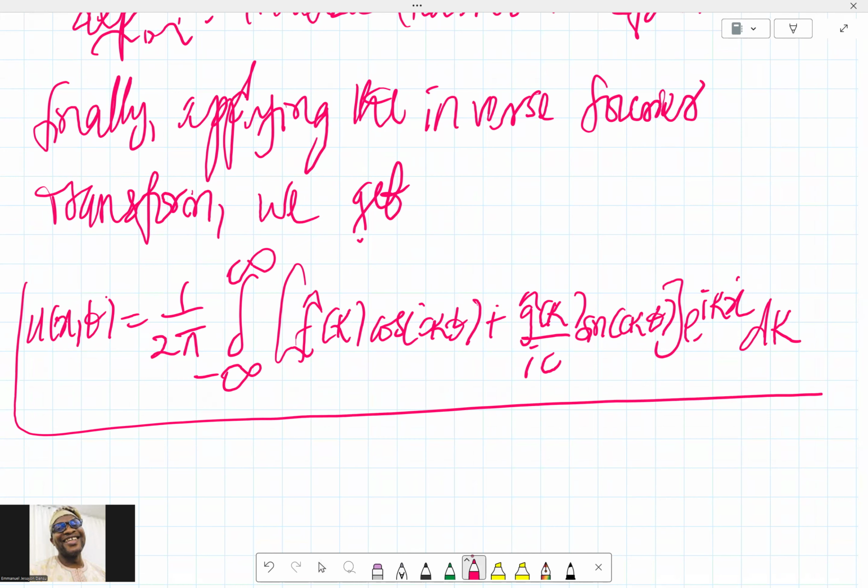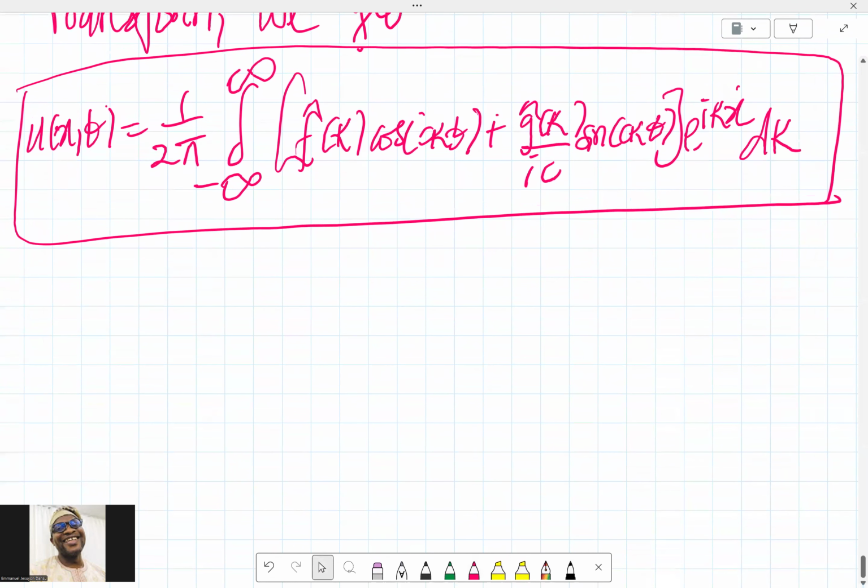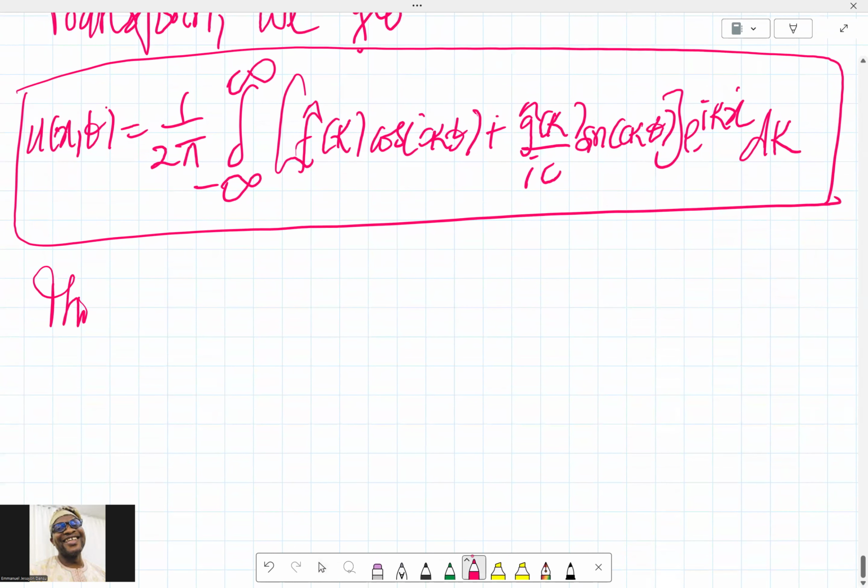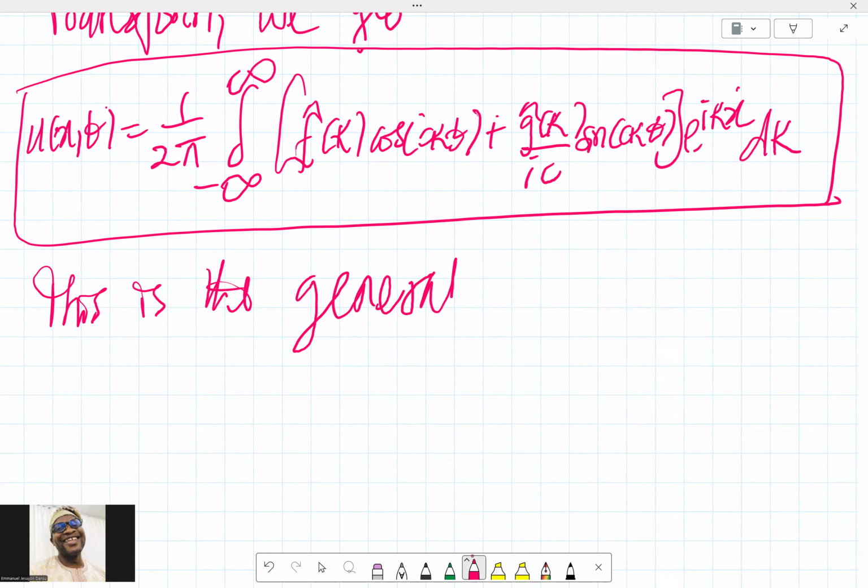So this is what we finally get when we do the inverse Fourier transform. So now this is the general solution to the wave equation.